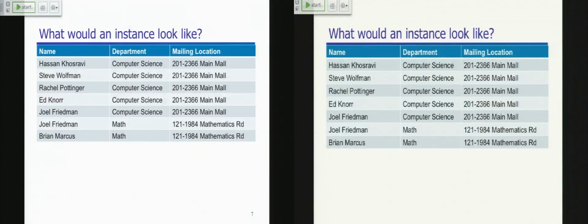So, you mentioned a bunch of things which we don't really know yet, functional dependencies. The suggestion there is that this seems like a bad design because department is already telling me what mailing location is. And with the current design, I'm keeping that information multiple times.